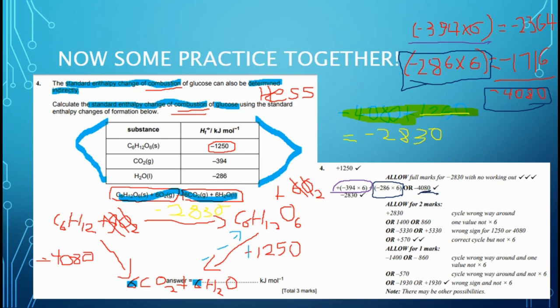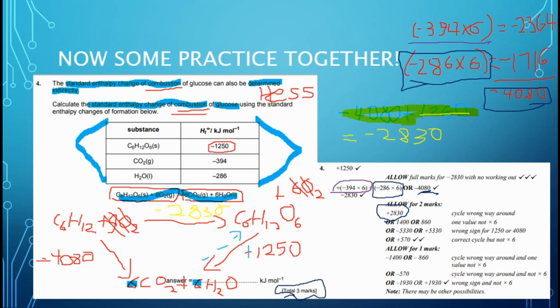Then they want you to work it out, and this is by following the direction of your triangle. So simply what you have to do is draw the triangle, write it as a proper equation that actually works, then do your maths. It seems easy, but it takes quite a bit of time, and bear in mind you only have 3 marks, so it's quite a tough question based on the time.